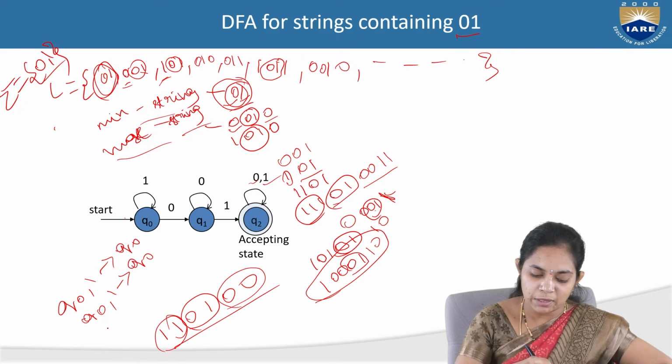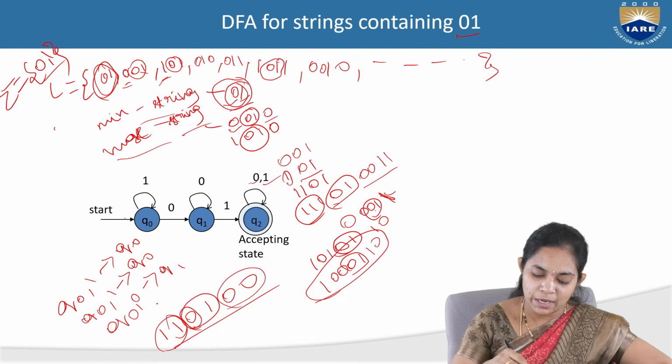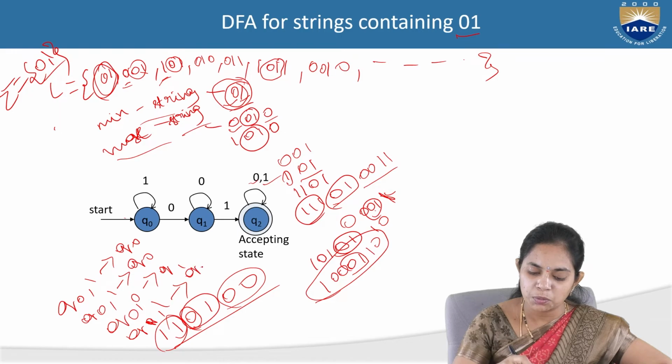After that, the next symbol is 0. Q0 comma 0, where does it go? Q1. Then Q1 comma 1, where does it go? Q2.